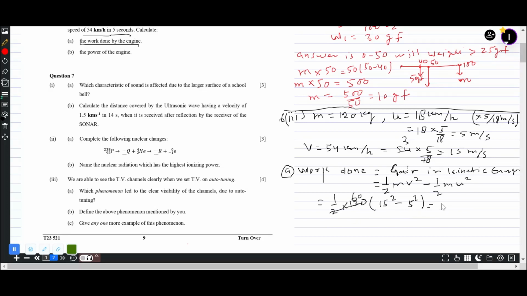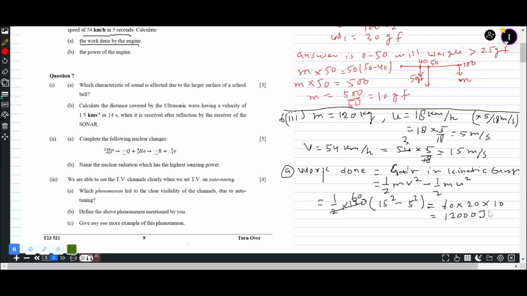One is you write the square of 15 and the square of 5. The other is a square minus b square is a plus b into a minus b. That is what I will do. 15 plus 5 is 20, 15 minus 5 is 10. So that is equal to how much? 12,000 joules. 1, 2, 3 zeros and 6 2s are 12.